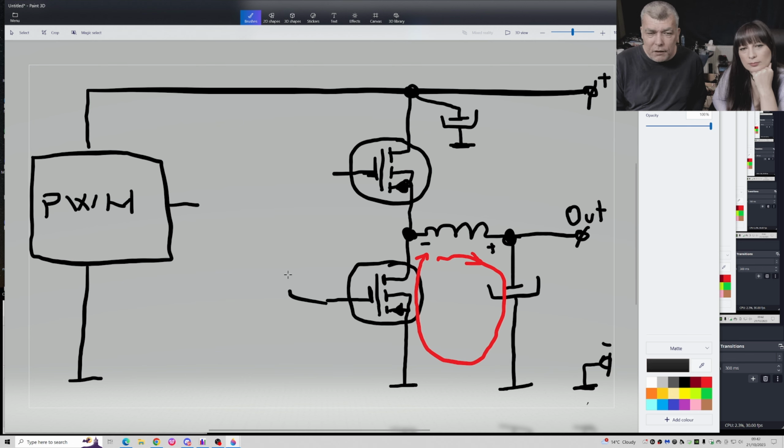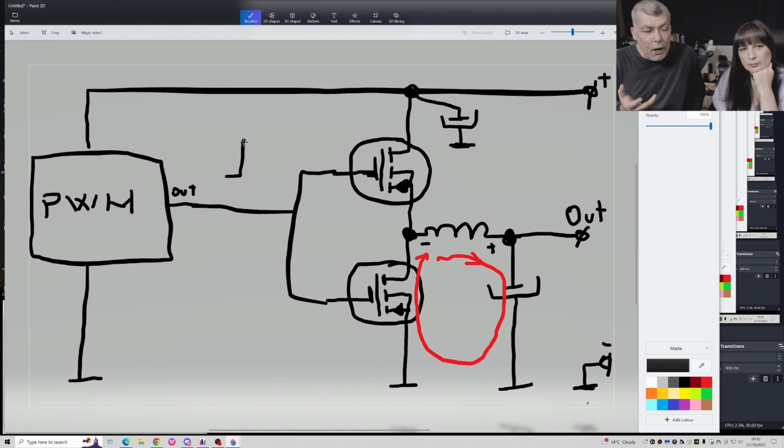Okay, let's say we are connecting the gates together and to the PWM output here. This is the output from the PWM generator here. Now, when it's on, you can say it's 1 or 0. 0 means 0, 1 means high. Or you can say high and low.